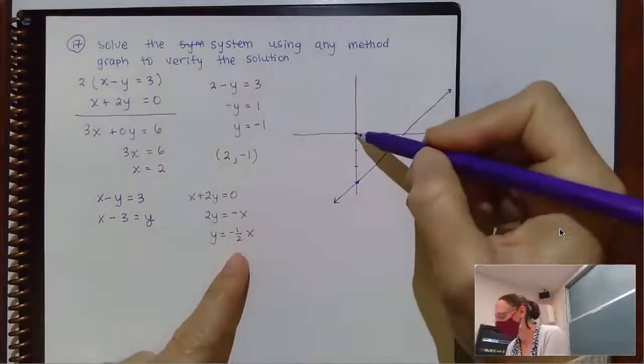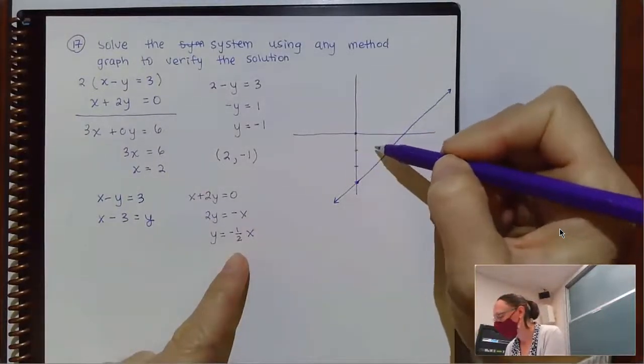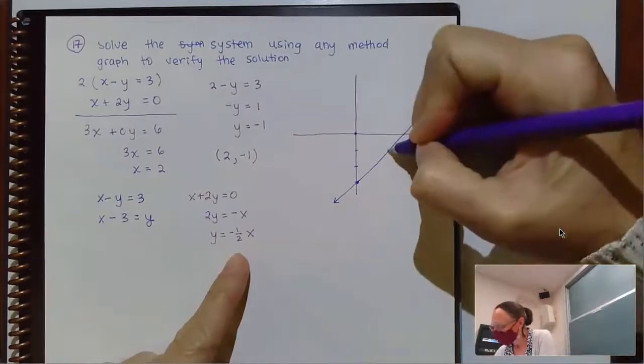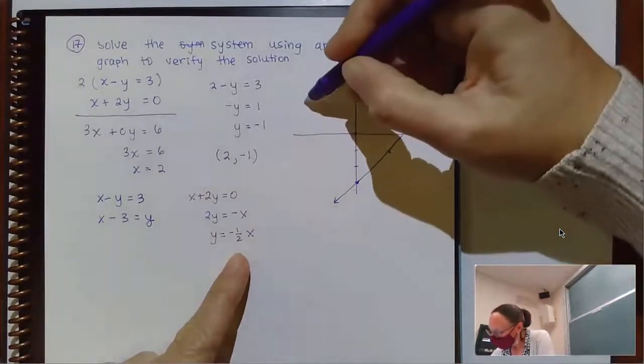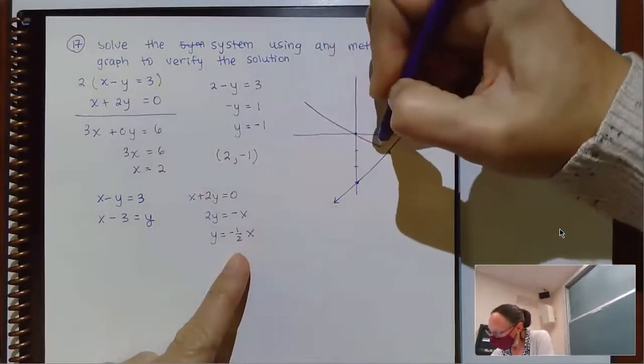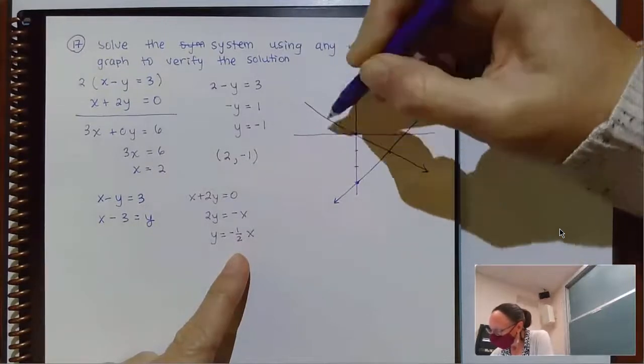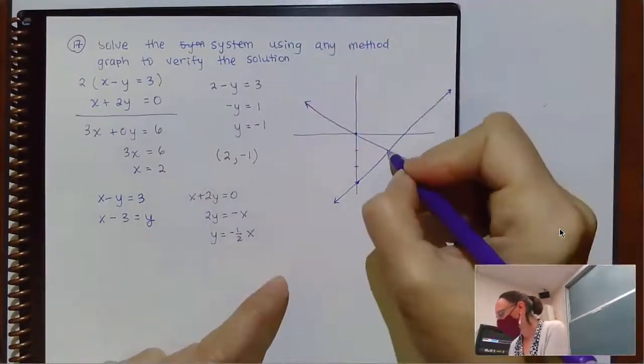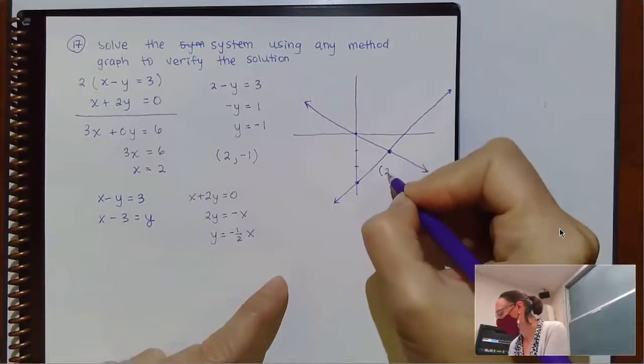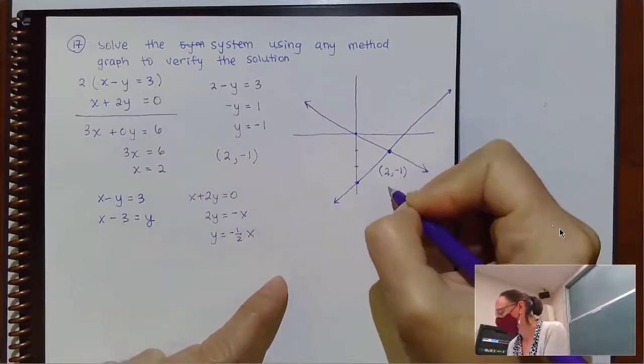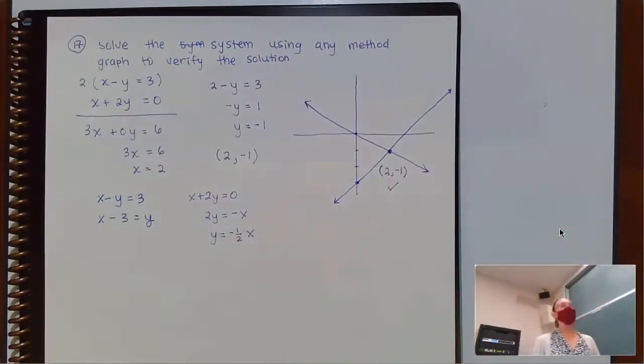So a slope of like down 1 over 2. And then I'd go, yep, that looks like 2, -1. That's our intersection point.